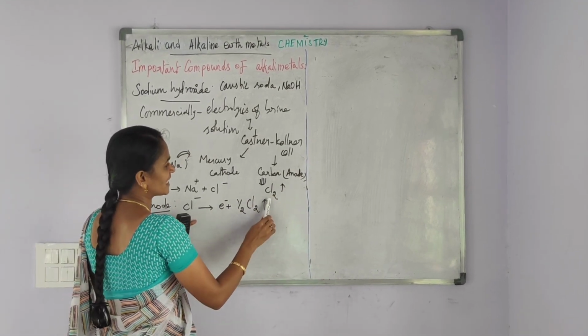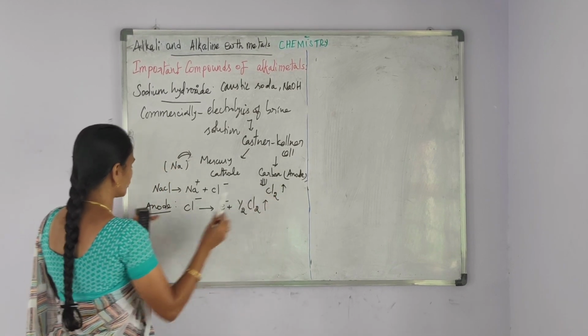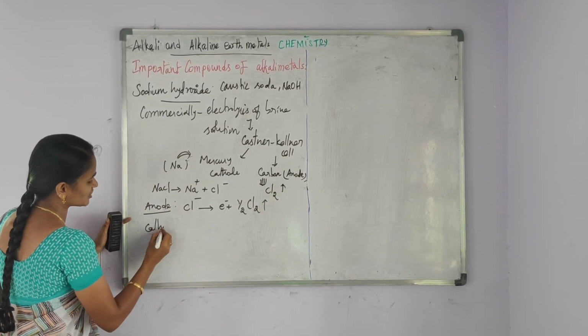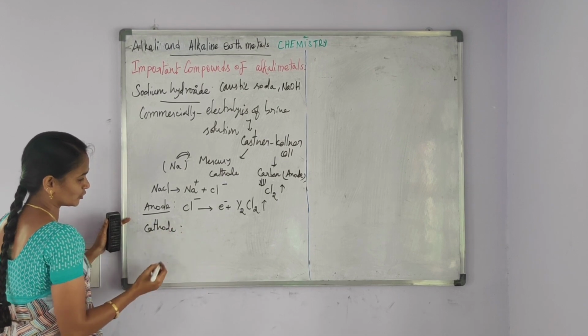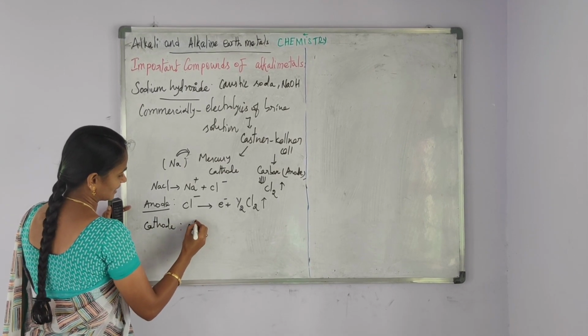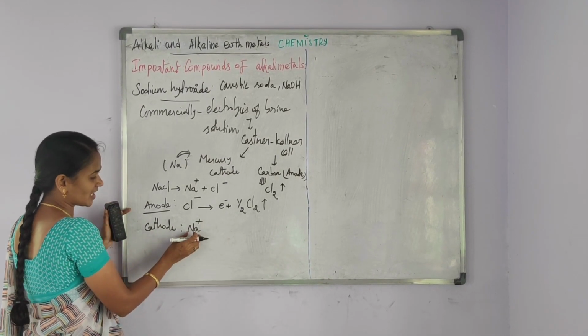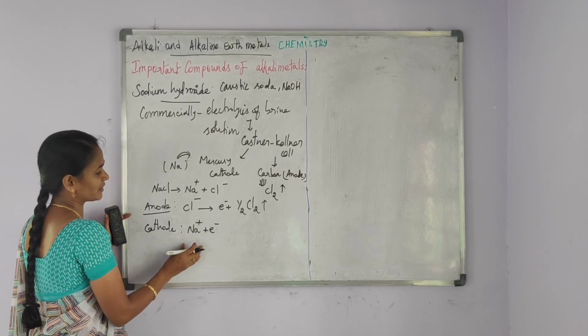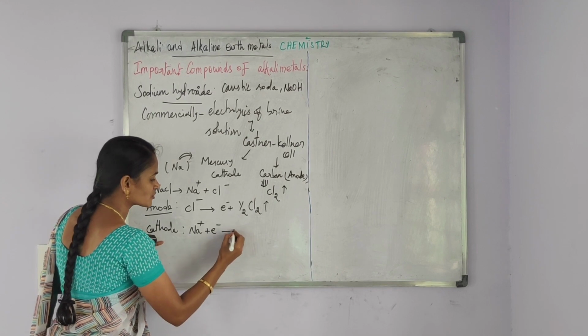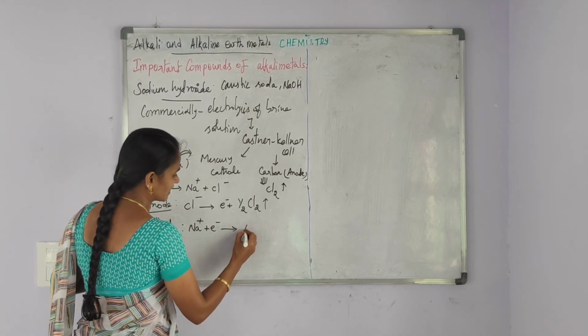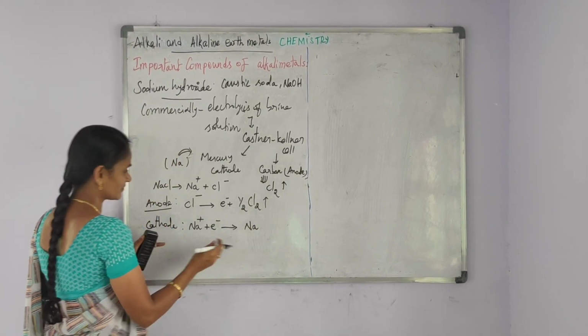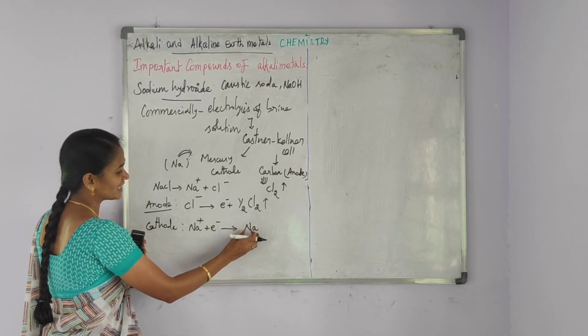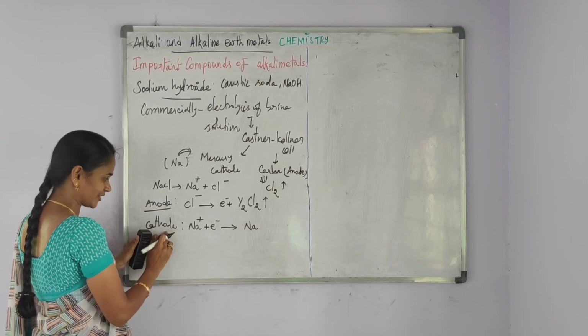So chlorine gas is evolved at the anode. Then the reaction at the cathode: sodium ion Na+ gains 1 electron and is converted into a sodium atom. So sodium is discharged at the cathode.